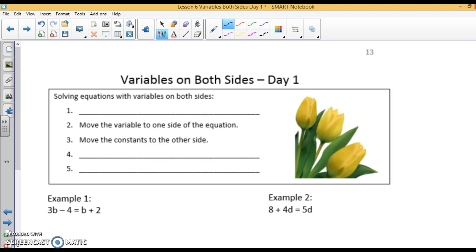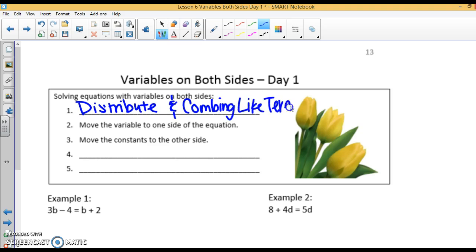So when we're solving equations with variables on both sides, you want to make sure you're still distributing, and you're going to make sure you're combining like terms. You want to move the variable to one side of the equation.